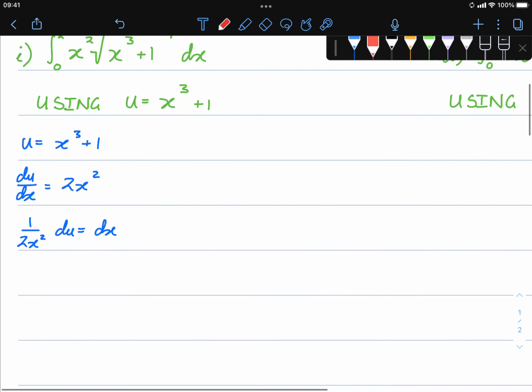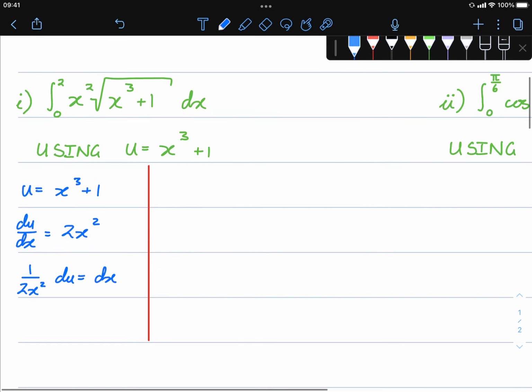Now from here we could just continue as we normally would. When we integrate this, we get u to the power of half times x squared times dx, which we substitute as 1 over 2x squared du.